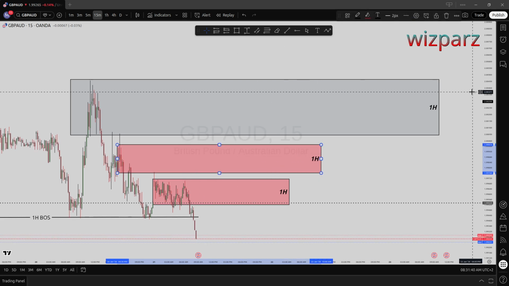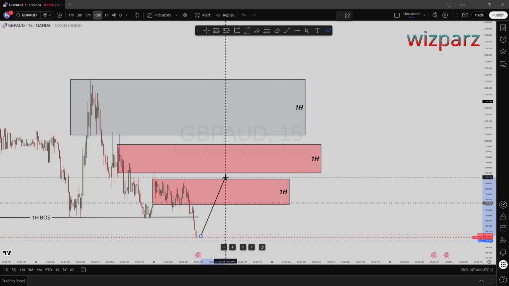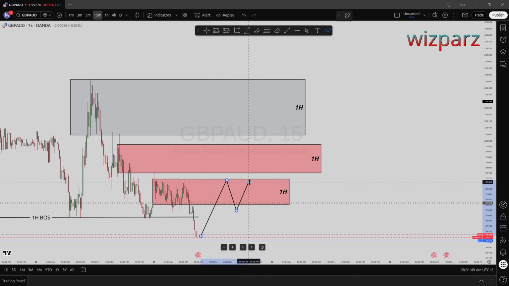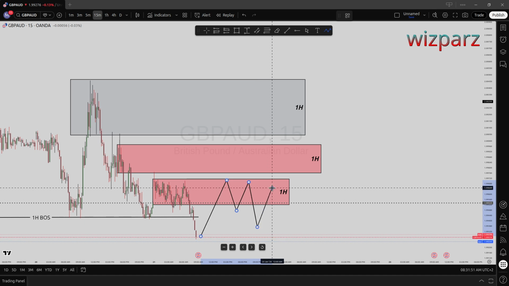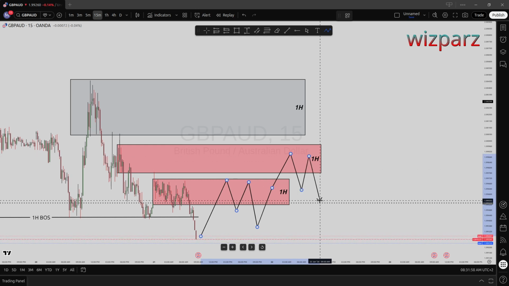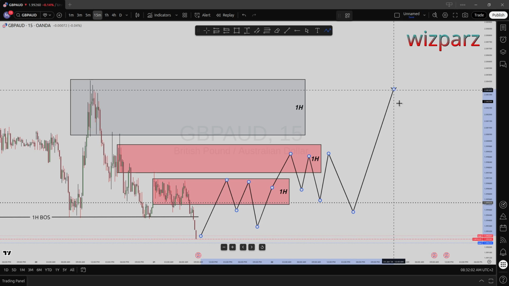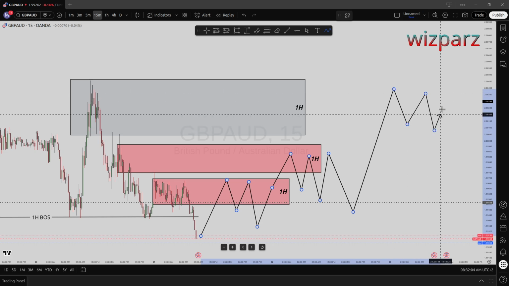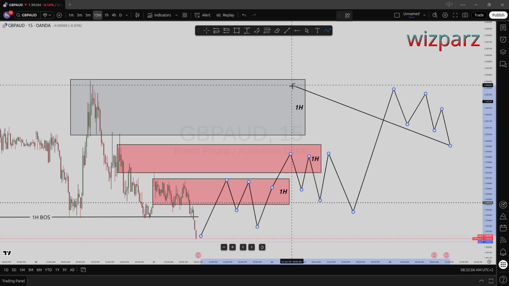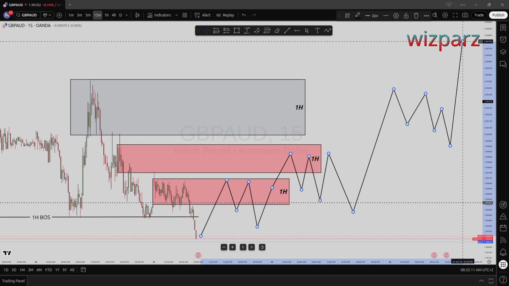I am going to wait for price to come back to one of these areas, and once price makes a change of character on the 5-minute time frame, then I'll go short. If price continues without changing character and we see a change of character on this second supply area, I'm going to look for short. Or even on this area, I'm going to look for short until price breaks this last lower high. I'm going to continue looking for short.